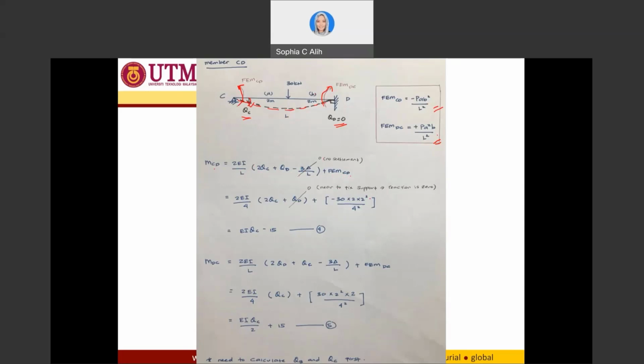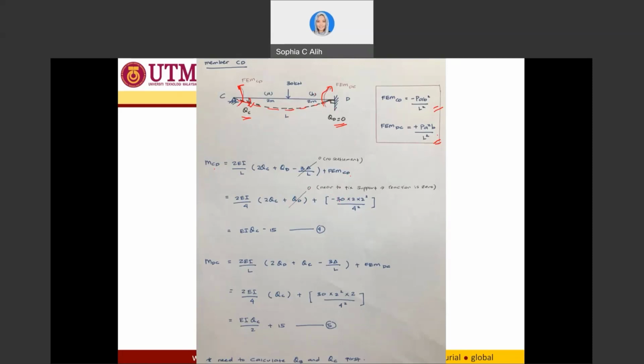Now, if you look into this equation, it goes to 2EI over L. L is the length of the span, 2 theta C plus theta D. However, since this is a fixed end and there is no rotation near the fixed support, I can cancel out theta D as well to be 0. Okay, so plus FEM CD. FEM CD is counterclockwise.